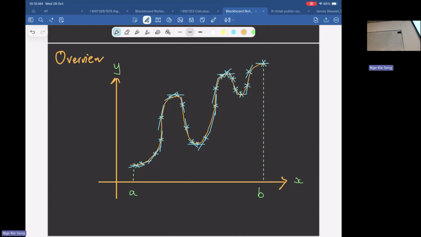So basically, this is the derivative of this function, right? If the function is differentiable, then you can recover the original curve using these tangent lines built up by your derivative.